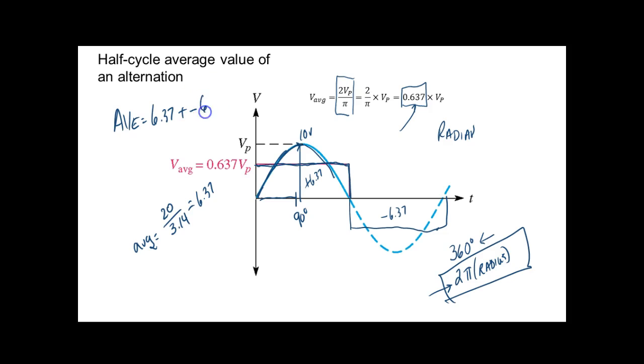Plus a minus 6.37, and my average would be what? 0. So guys, this is pretty dangerous. If you put your meter on DC and you put it in an AC wall outlet, it's going to measure the DC average of a sine wave. And what's the DC average of a sine wave? 0.